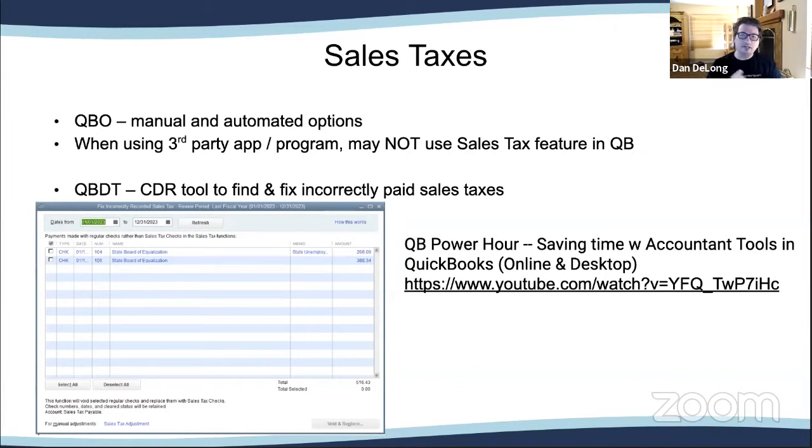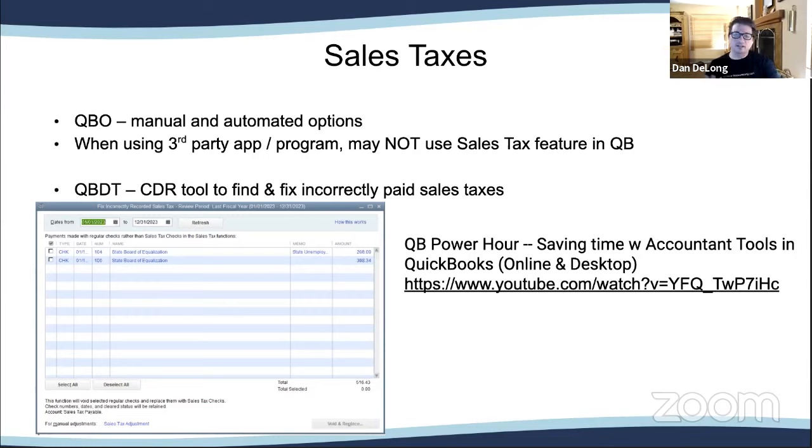So that link is there for that, and an explanation of how to use that tool. Because what happens sometimes is that people will pay their sales tax and then either put it directly to sales tax payable or put it to an expense account, which is even worse. It's like, I'm paying money, it must be an expense. Makes sense in theory, but in accounting, that's not the case.